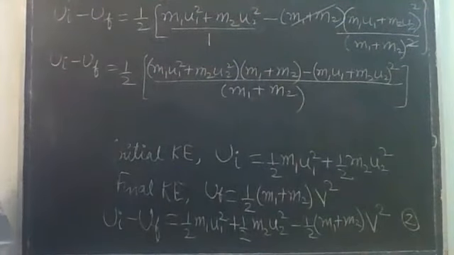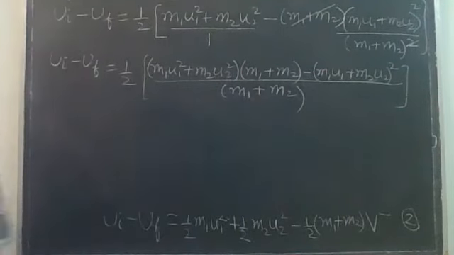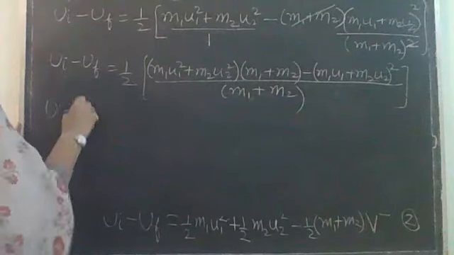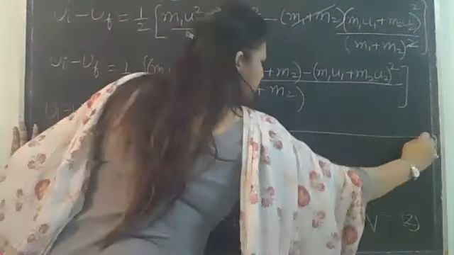I hope this step is also clear to you. We are just taking the LCM in the normal way. Solve now. Put a plus b whole square and open the bracket side by side.